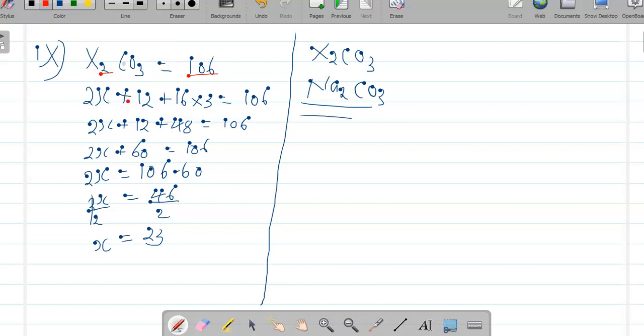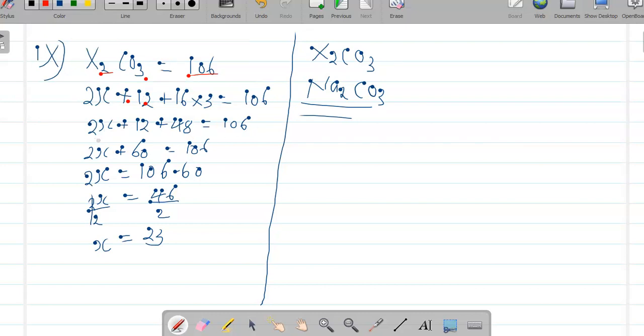2X plus carbon 12 plus oxygen 16 times 3, because there are 3 oxygen here, is equal to 106, which is the RFM. 2X plus 12, then 16 times 3, 48, is equal to 106.